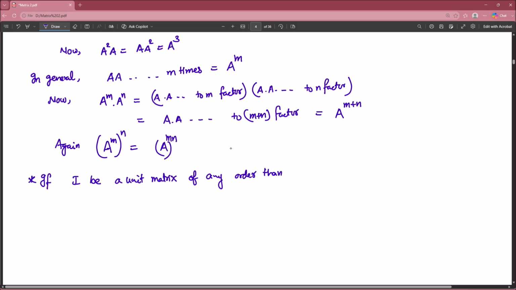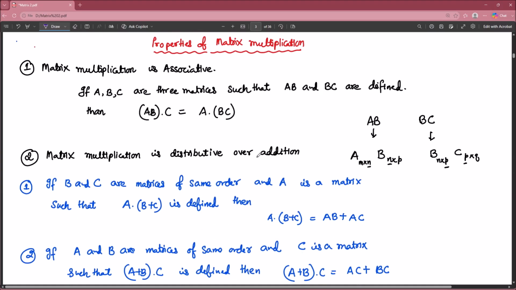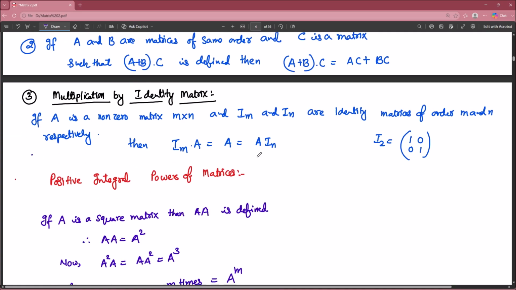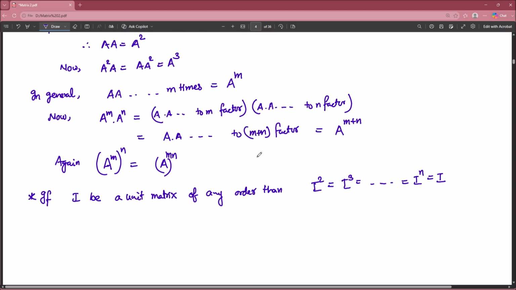then I square, I cube, up to I to the power N is equal to I. Okay, so these are the properties of matrix multiplication, that is distributive law, associative law, multiplication by identity matrix, and positive integral powers of matrices.